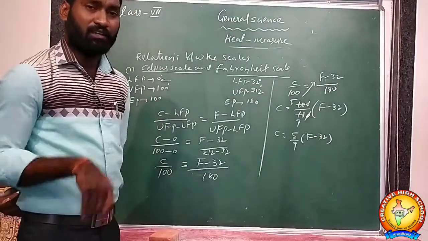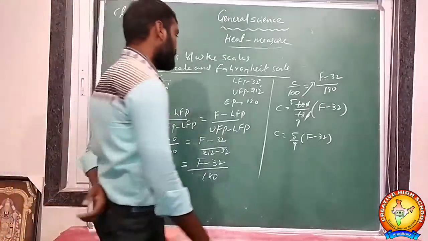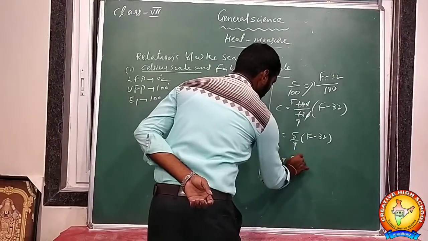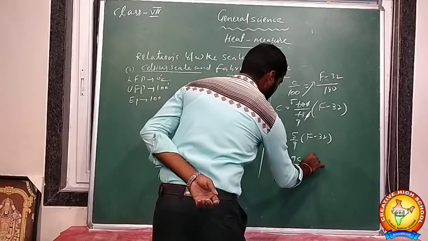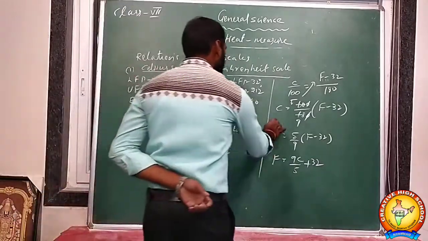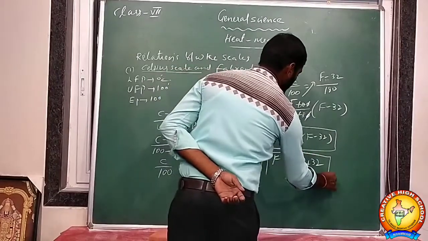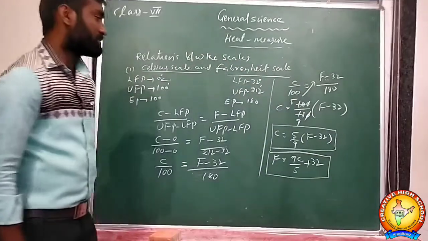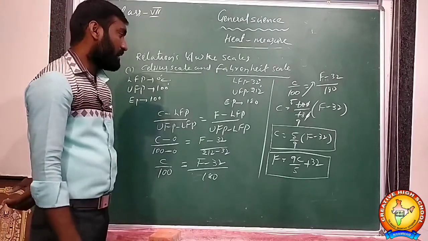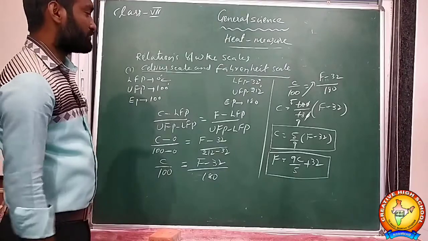If the Fahrenheit value is given, you can convert it into Celsius. If you want the formula for F, F is equal to 9C by 5 plus 32. These are the two relations between the Celsius and Fahrenheit scales: C is equal to 5 by 9 into F minus 32, and F is equal to 9C by 5 plus 32.